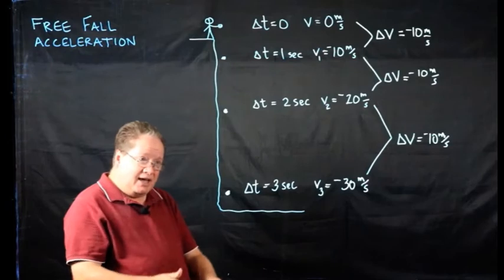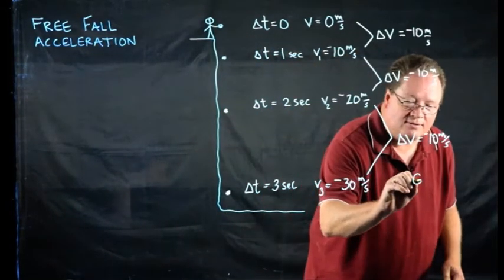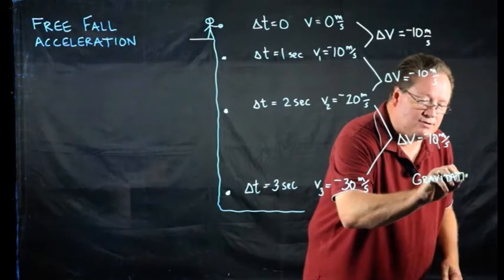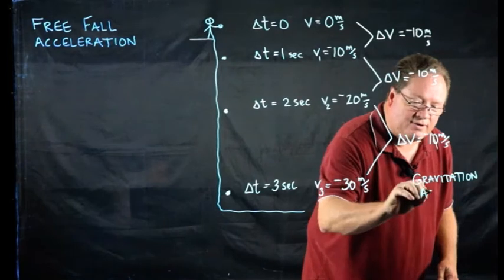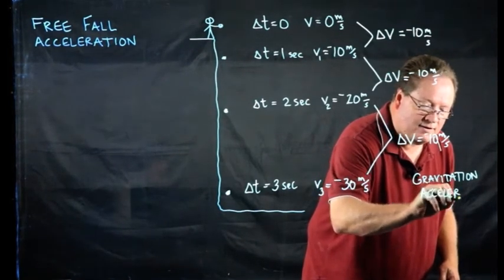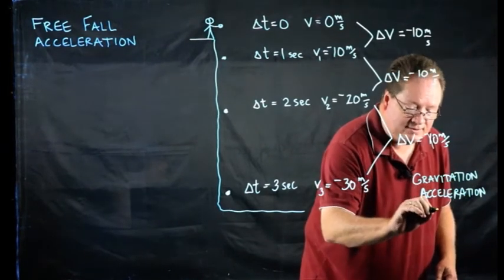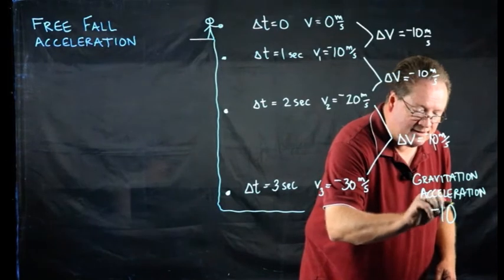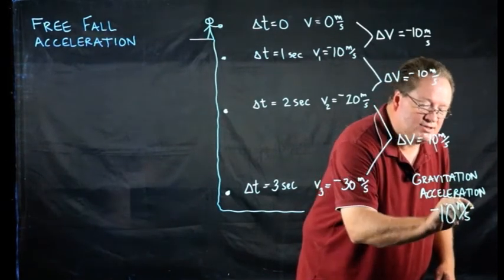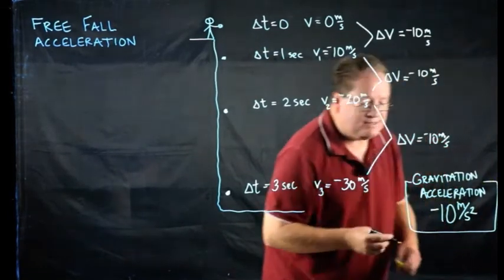So I would say that gravitational acceleration is always -10 meters per second squared. All right, this is a constant, you guys.